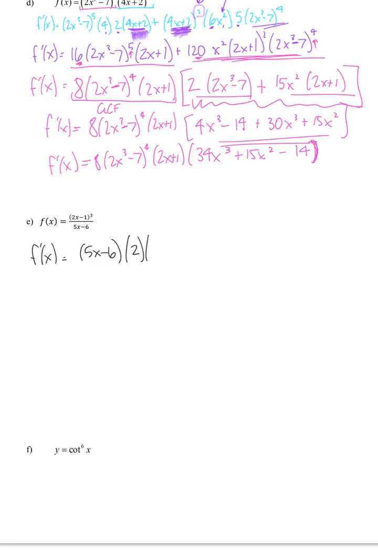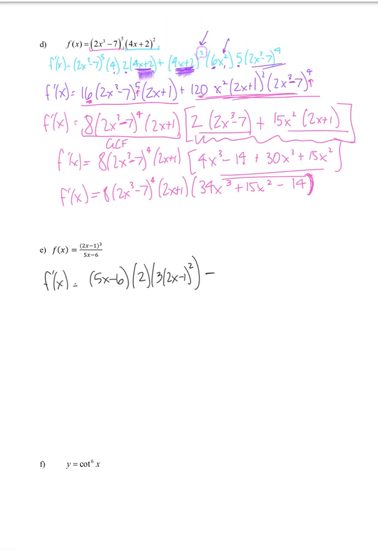The derivative of the entire M&M is 3 times (2x - 1) squared. And then that's low D high minus high D low, which is 5. Square the bottom. And away we go.